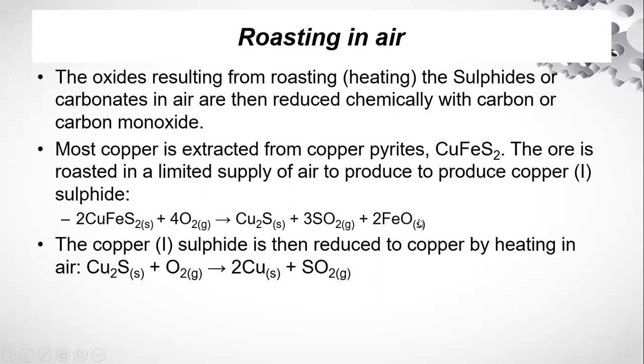Now the copper sulfide is then reduced to copper simply by heating it intensely in air. As you can see here, the copper sulfide that we obtained from the first reaction, when it is heated more in air, will result in copper plus sulfur dioxide gas.